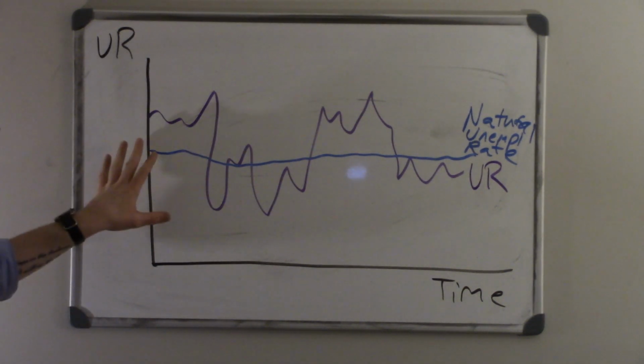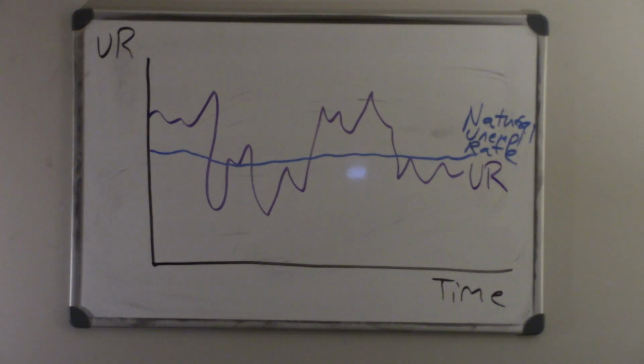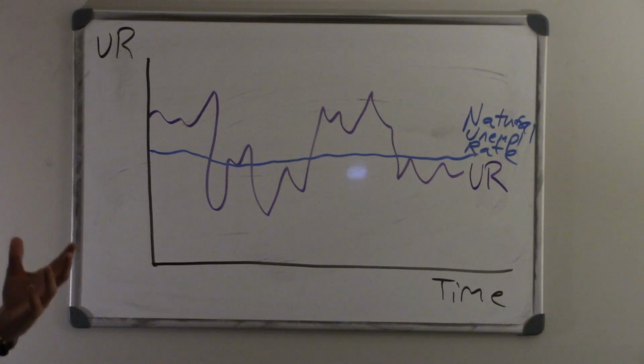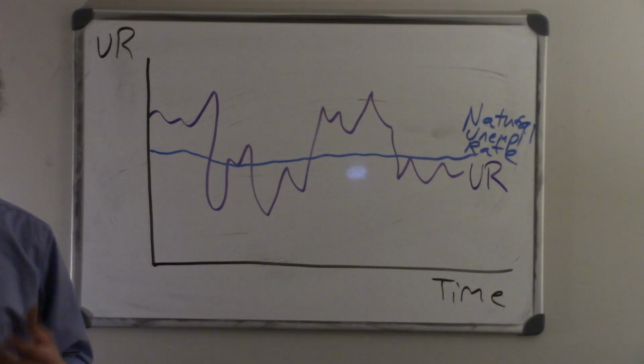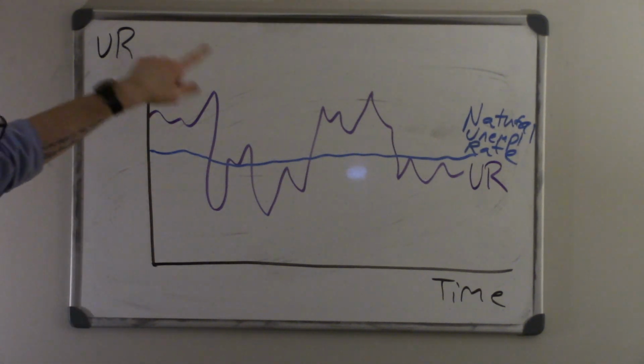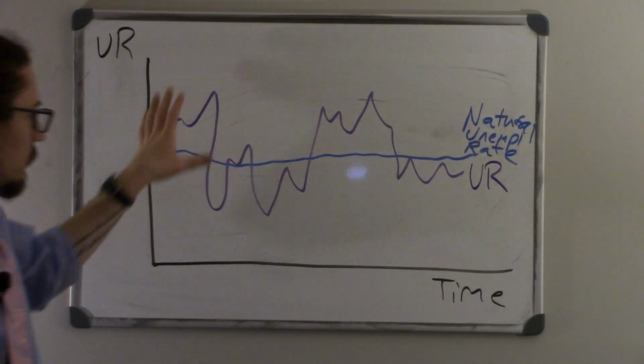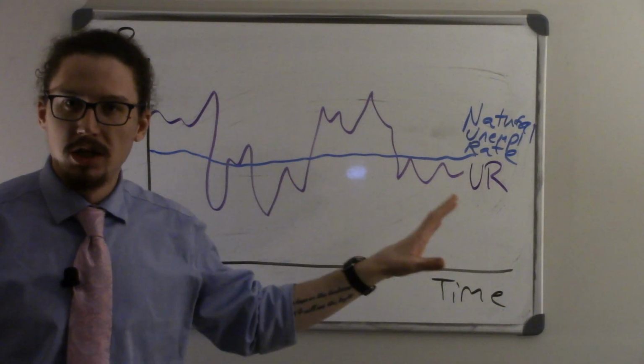This blue line would be our structural plus frictional, that underlying rate, the steadier rate, it's not going to change very much over time. But oscillating around that, we're going to have the unemployment rate just in general.